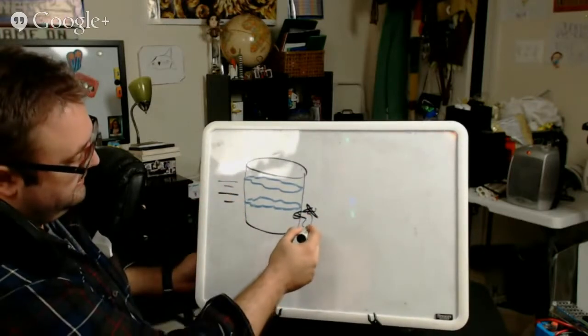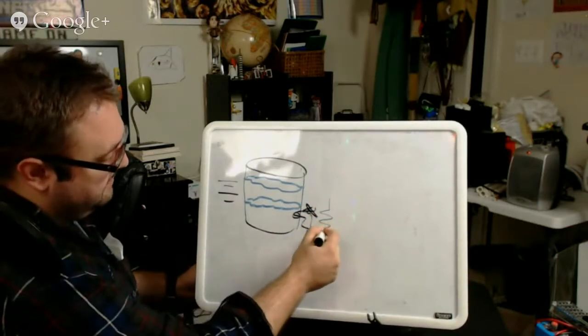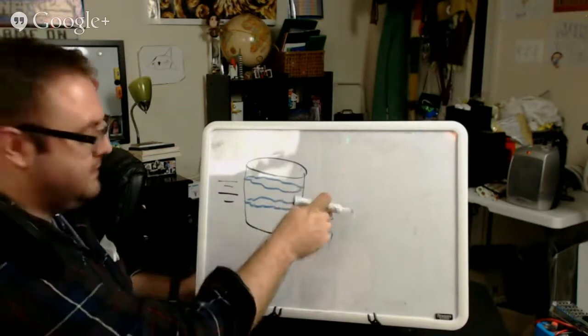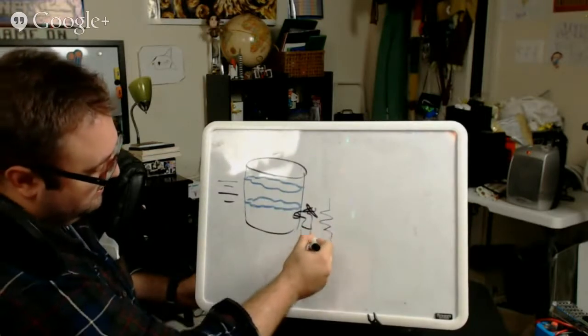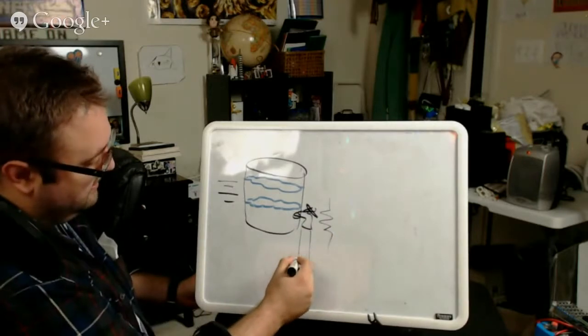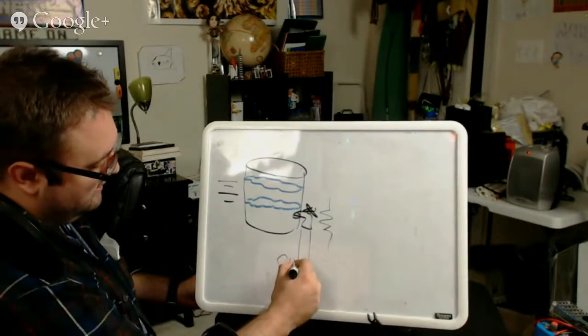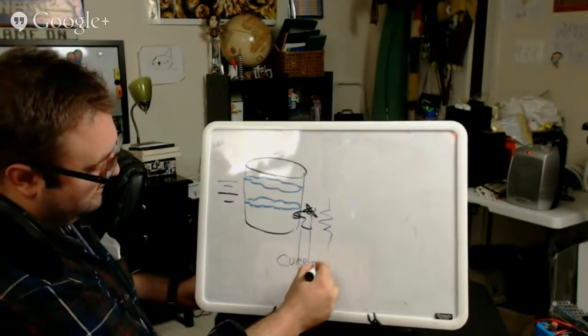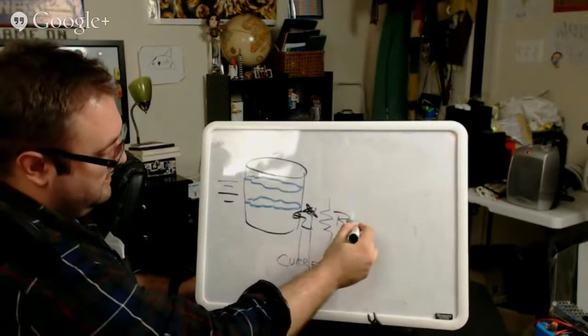My little spigot here kind of represents a resistor. I open up the spigot, I can let more water flow out. More water is my current, in amps. That's my resistor and resistance.